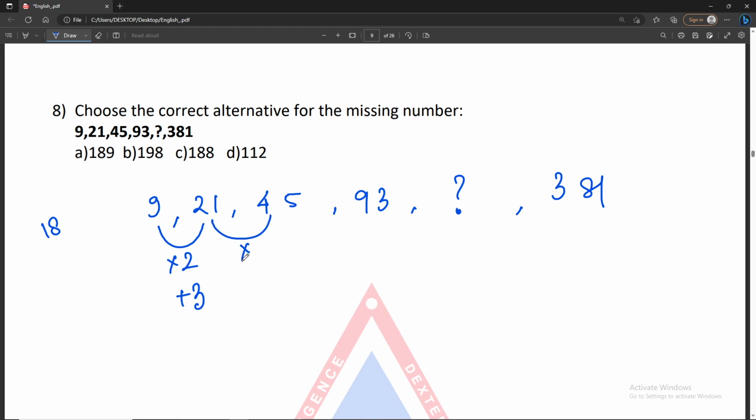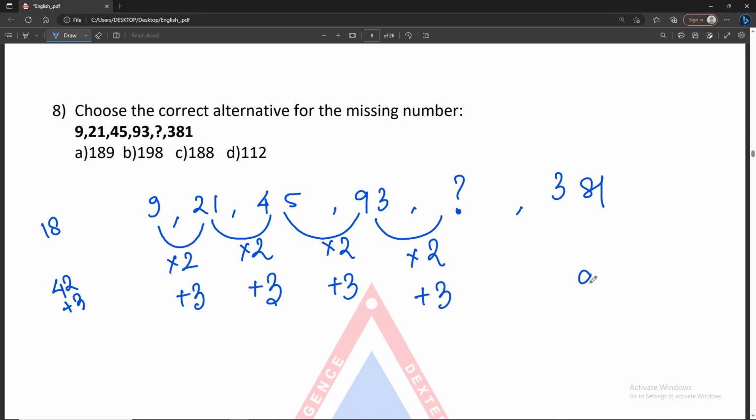Again 21 times 2 is 42. 42 plus 3 is 45. So we have got the pattern: multiply by 2, add 3. So the missing number will be 93 times 2, that is 186, plus 3, that is 189.